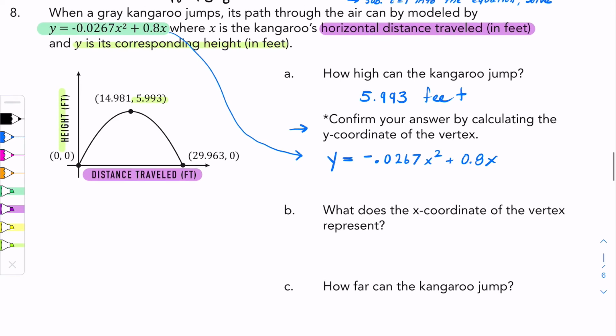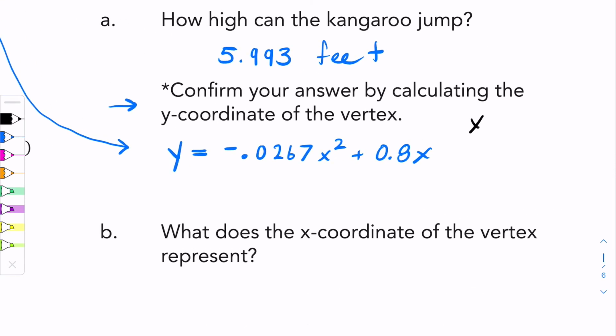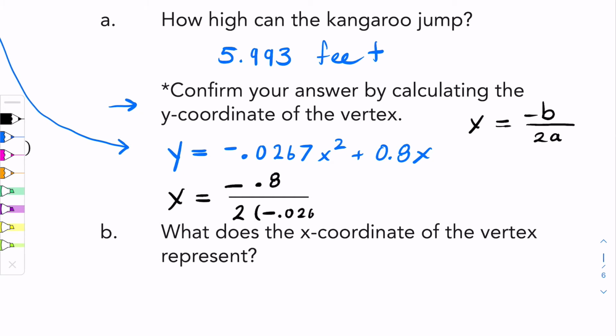Solving for the vertex means that you need to use the equation for x that says negative b divided by 2a is the x-coordinate of your vertex. X equals negative b, which is negative 0.8, divided by 2 times your a value of negative 0.0267. When I type this into the calculator, I have an output of 14.981.